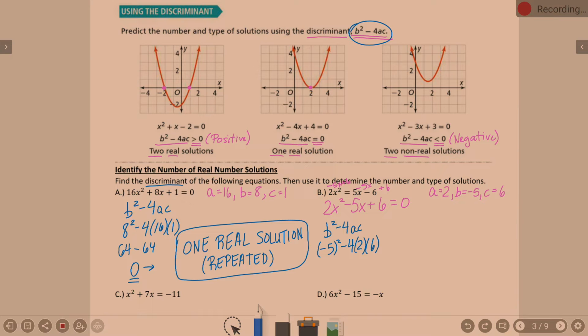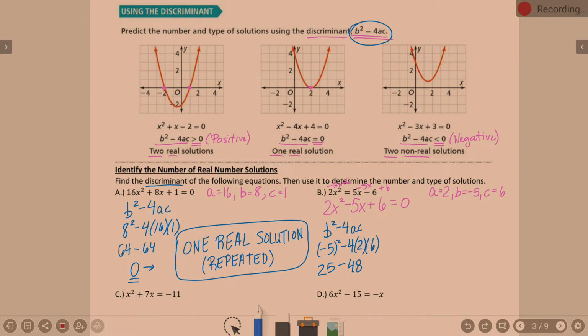I cannot stress enough, guys: negative 5 squared is positive 25, yes? If you put that in your calculator without parentheses, your calculator will pop back negative 25. So either use parentheses on your calculator or just realize it has to be positive. So that is positive 25 minus 48.